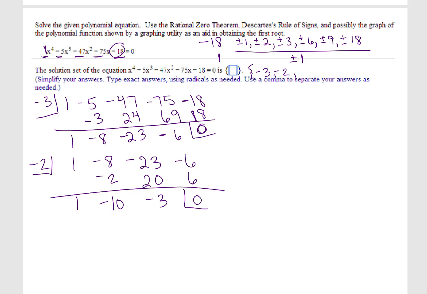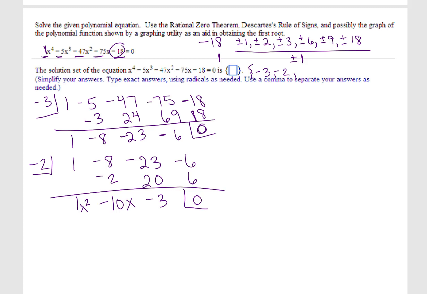That will always happen where you get a 0 for your remainder when you are using synthetic division with an actual solution. Okay, great. Because now I'm down to x squared minus 10x minus 3. So now that we have that, I could try to factor. Just looking at it, I'm like, two numbers that multiply together to get -3, but add together to get -10.